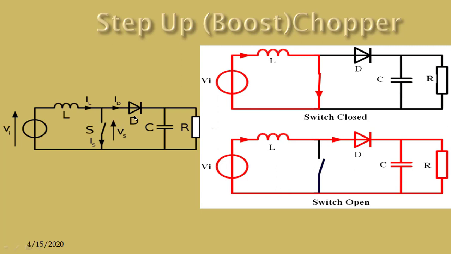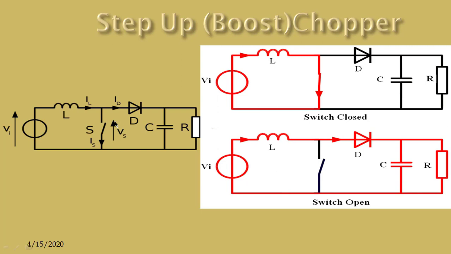We have earlier discussed this circuit diagram in details, and the difference with buck converter is that here the inductor is in input side, whereas in case of buck converter it was in output side. And similar to buck converter, the boost converter or step up converter also has two modes of operation.